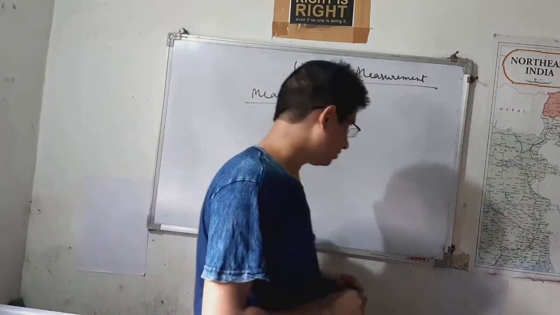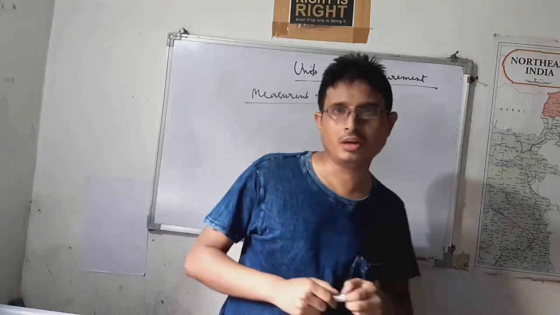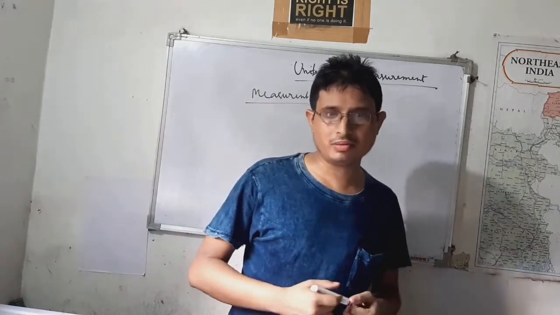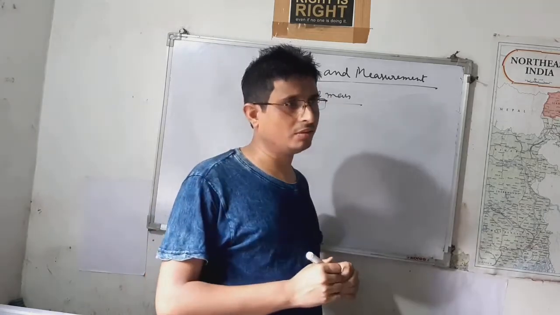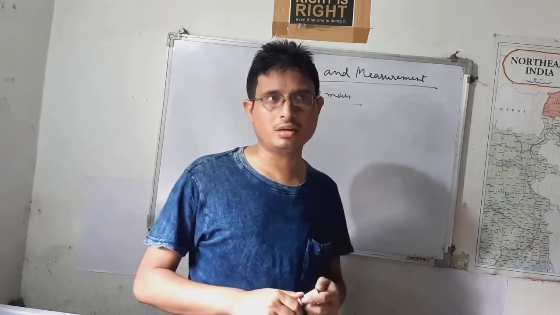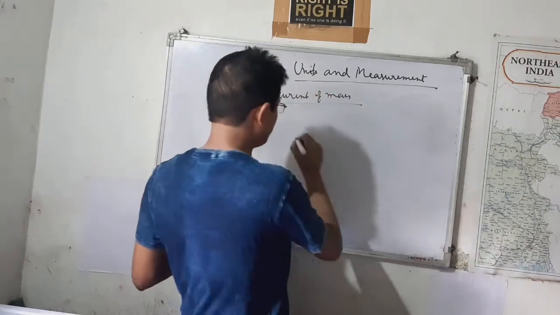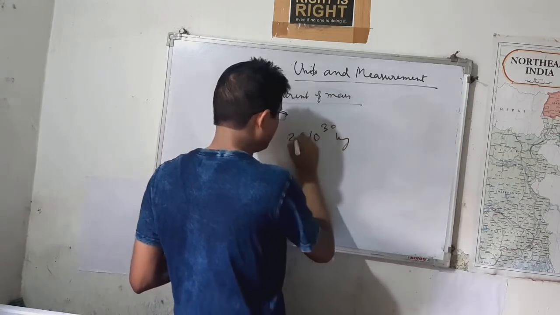Now, the mass of an object may vary from a very small value to a very large extent. Suppose the mass of an atom is very small. The mass of our star, the sun, is approximately 2 into 10 to the power 30 kilogram.